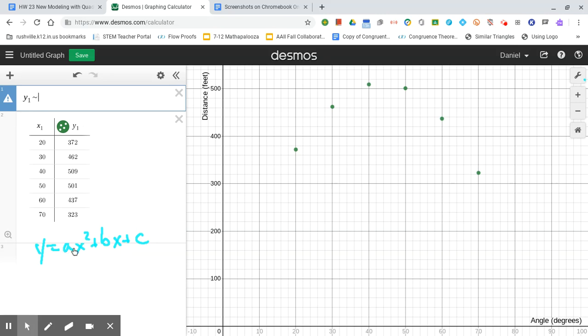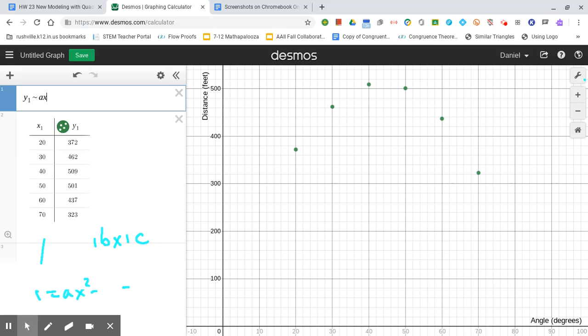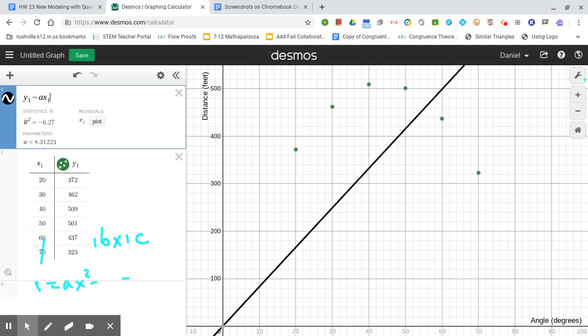So we want an a value, so we simply type a. We want to have an x squared, so we start by typing x, but remember our x values are stored here in this column that's been labeled as x1. So to tell Desmos that's what we're talking about, we're going to put x1.